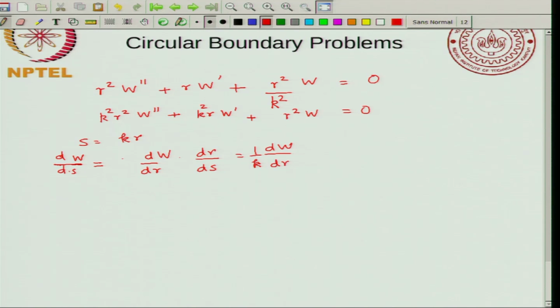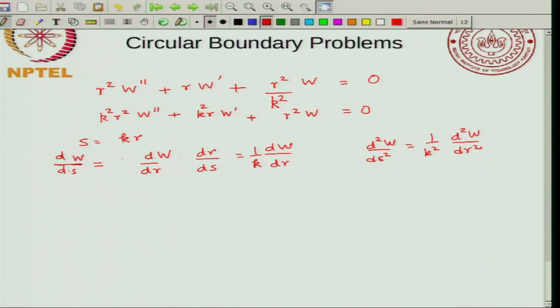Similarly, d square w by ds square is equal to 1 by k square d square w by dr square. Okay. So, dw by dr I wrote as w prime. And you can see where we are going.